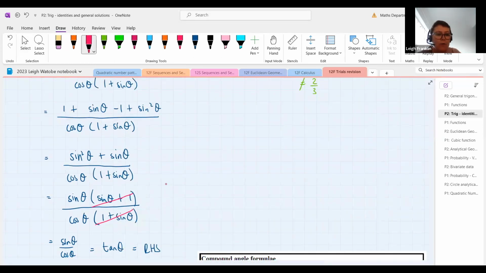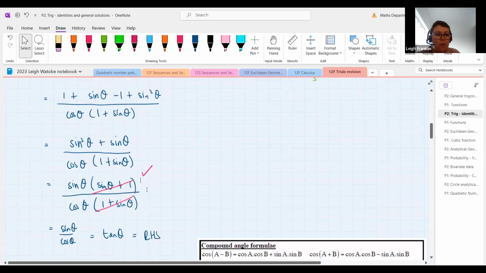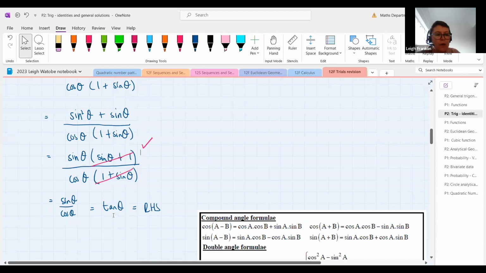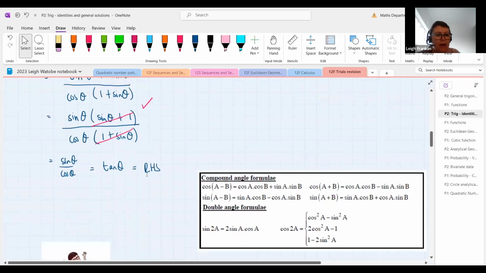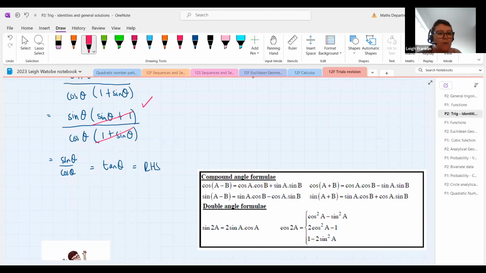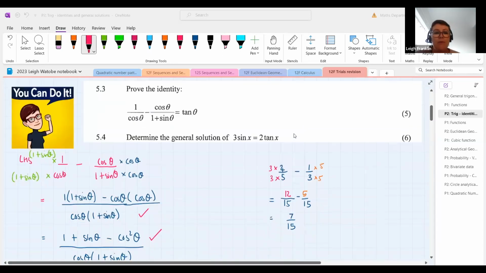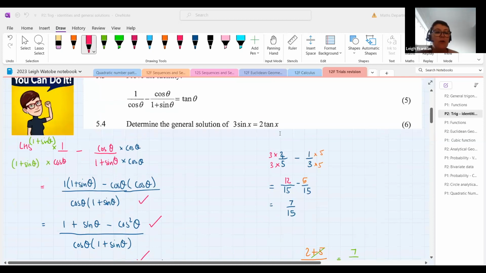Has to be a mark on factorizing. 4, 1, 2, 3, 4. Obviously, there's not a mark on the answer. So here, I think there would probably be a mark for arriving at sine theta over cos theta. Okay, all right. If we're all happy with that, let's go and have a look at the general solution.